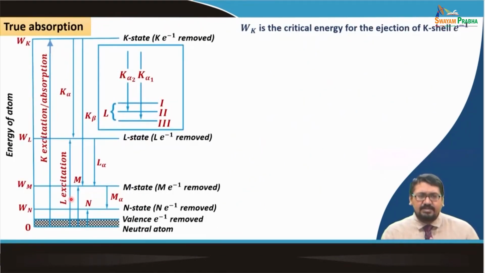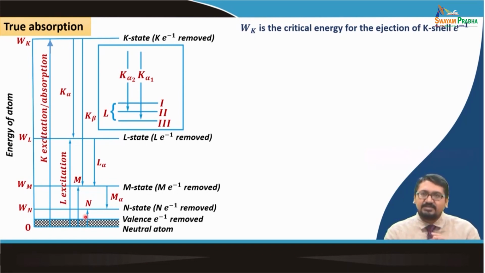Now, what we are talking about regarding this true absorption. What we mean to say is, look into this schematic: if 0 is the position of the energy for the neutral atom, this is the energy for the metals present in a polycrystalline material, because in a polycrystalline metal, the atoms are present in a sea of electrons.